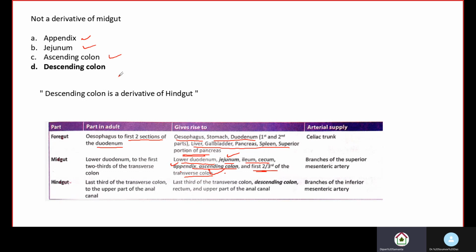And the third one, descending colon, is not derived from midgut. So what are the structures that arise from hindgut? Last third of the transverse colon, descending colon, rectum, and upper part of the anal canal. So descending colon is derived from hindgut.